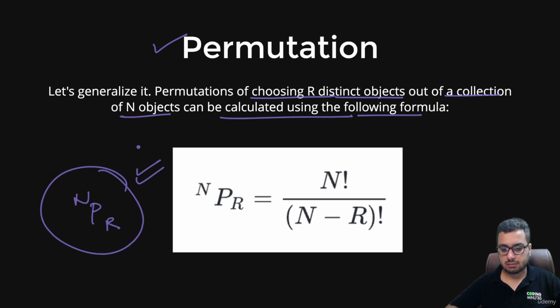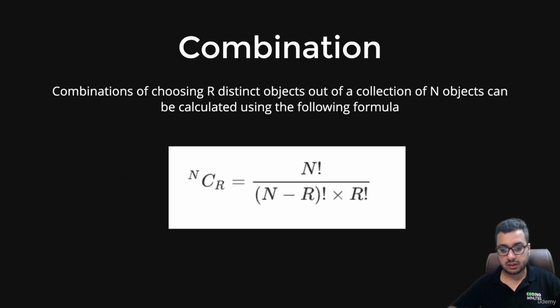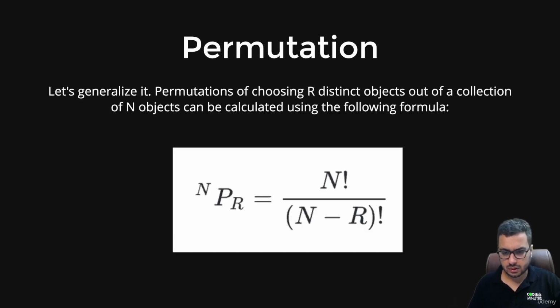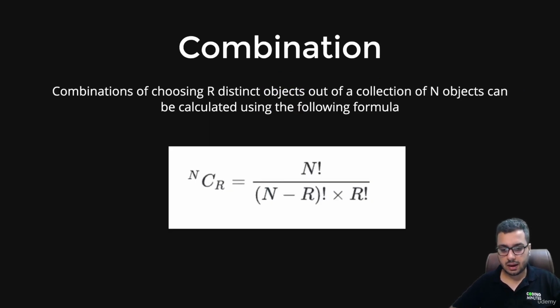What is the other thing that we can do? The other thing is known as combination. Permutation is a way of arranging r distinct objects out of a collection of n objects, and combination is a way of choosing r distinct objects out of a collection of n objects, and this is the formula. nCr is n factorial divided by (n minus r) factorial into r factorial in the bottom.